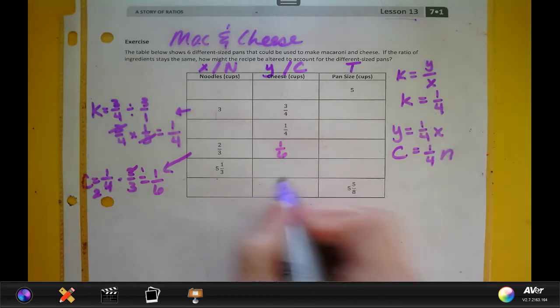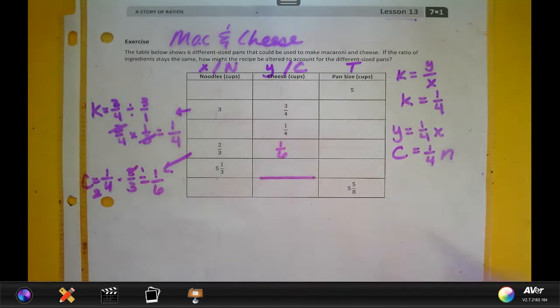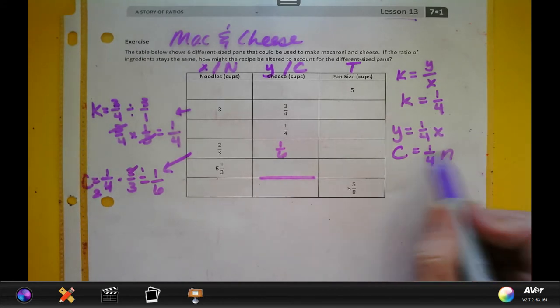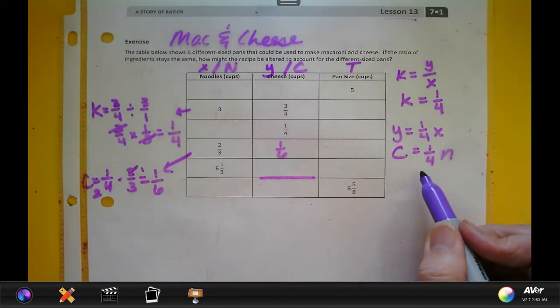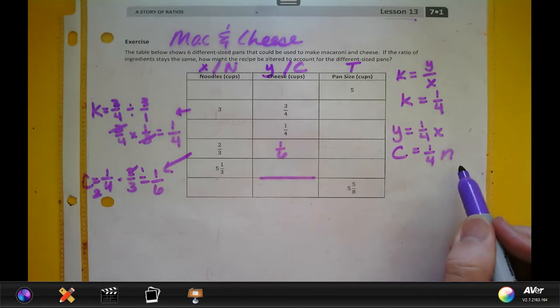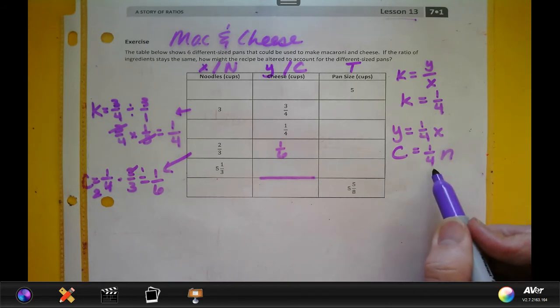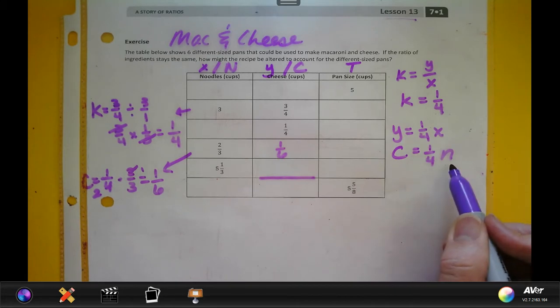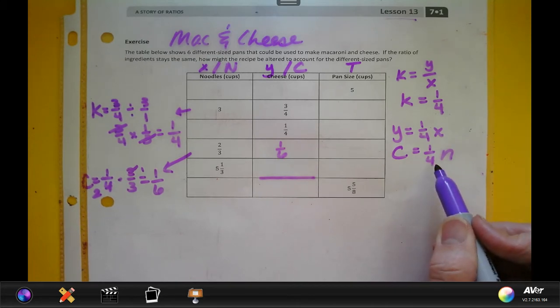You can use the same process to fill in this box on your own. Then, if I look at this equation, I can also realize that to find n, I would need to divide by 1/4 to solve for n. And if I divide by a fraction, that's the same as multiplying by the reciprocal.